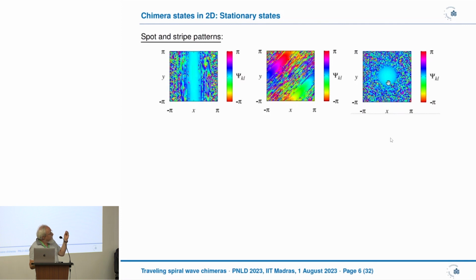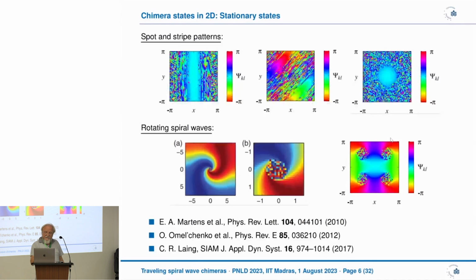These chimera states could be either that you have a coherent region like this spot in the middle and it's embedded in an incoherent background, or vice versa. You can have an incoherent spot embedded in a coherent background. Here are the states that I'm particularly interested in this talk, and these are the so-called spiral waves, spiral chimeras. And you can see, if you look carefully, that there is an incoherent core in the center.